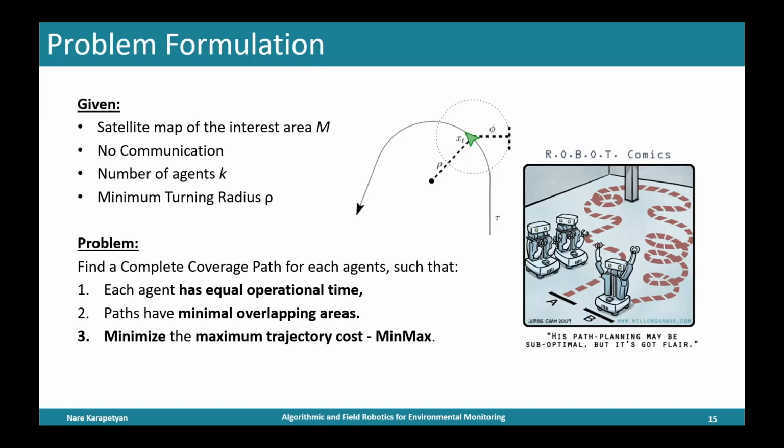The reason we want to solve the max problem is because we don't want a situation where we minimize the total cost, which can result in a single robot performing the entire coverage expedition while other robots are waiting for them to finish up.